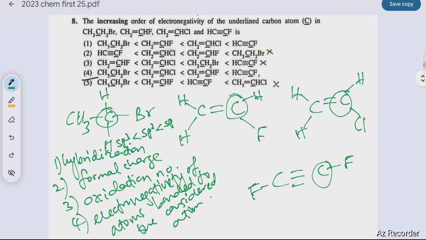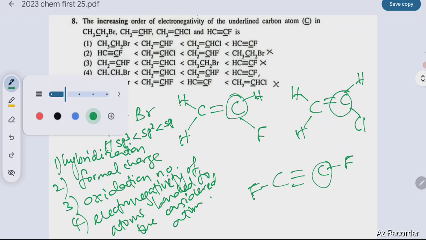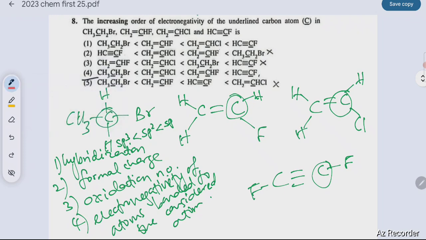Right. So now if we see the hybridizations, this carbon is, I'll use another color. This carbon is sp3 hybridized because it has 4 VSEPR pairs. 1, 2, 3, 4. So that is sp3 hybridized. Here 1, 2, 3 VSEPR pairs.